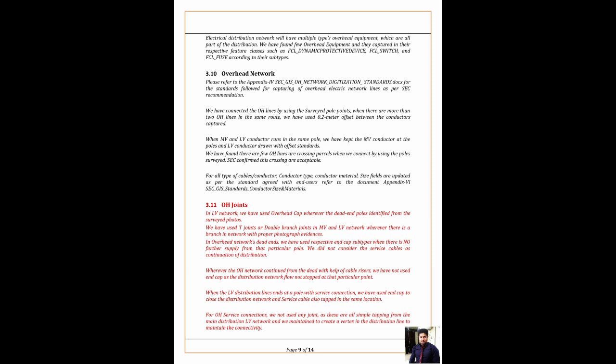3.10 Overhead network. Please refer to Appendix 4, sec_GIS_network_digitization_standards.docx, for the standards followed for capturing overhead electric network lines as per SEC recommendation. We have connected the OH lines by using the surveyed pole points.